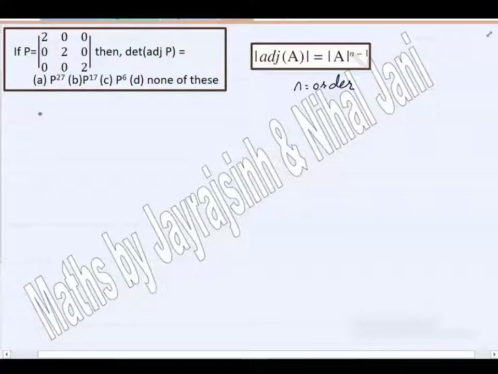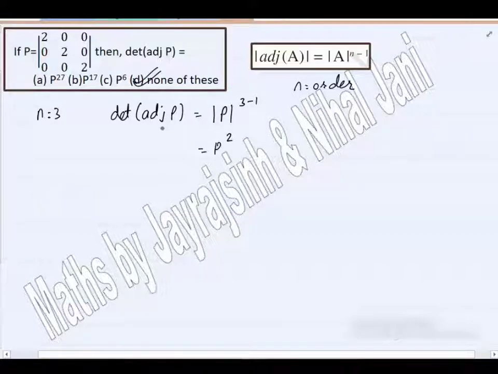So we can say n is equal to 3. Now simply use the formula. So determinant of adjoint of P is nothing but determinant of P raised to 3 minus 1, or we can say P raised to 2. So D is the correct option.